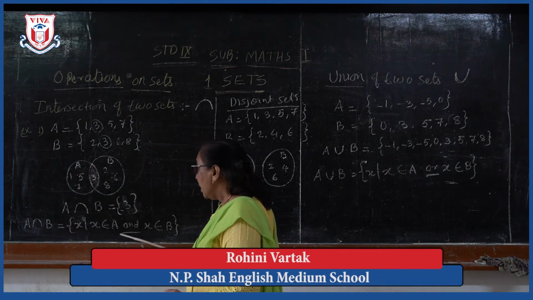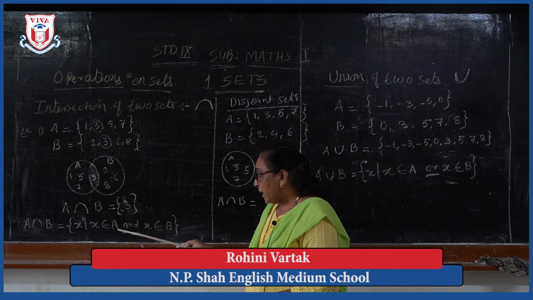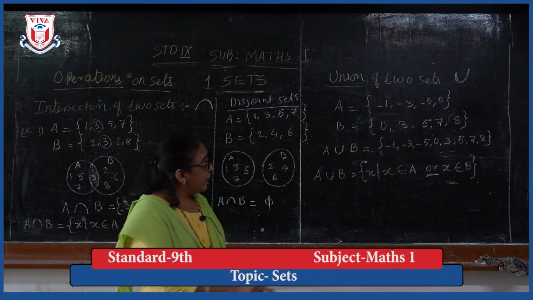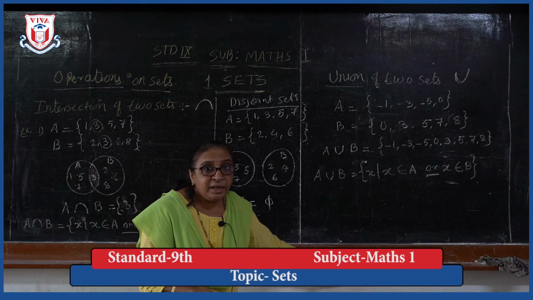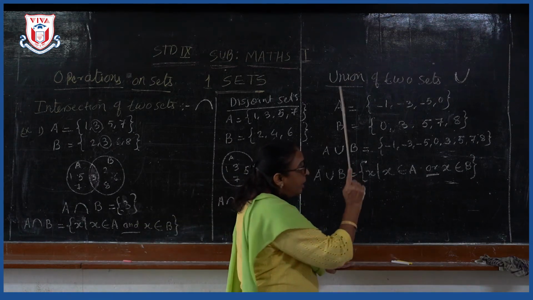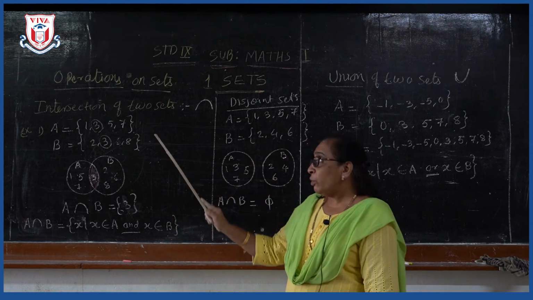And means in the intersection the element should be present in A as well as B. But in the union set, the element should be present either in A or in B. That is why here or is written. So in this way you have to keep these operations in mind.